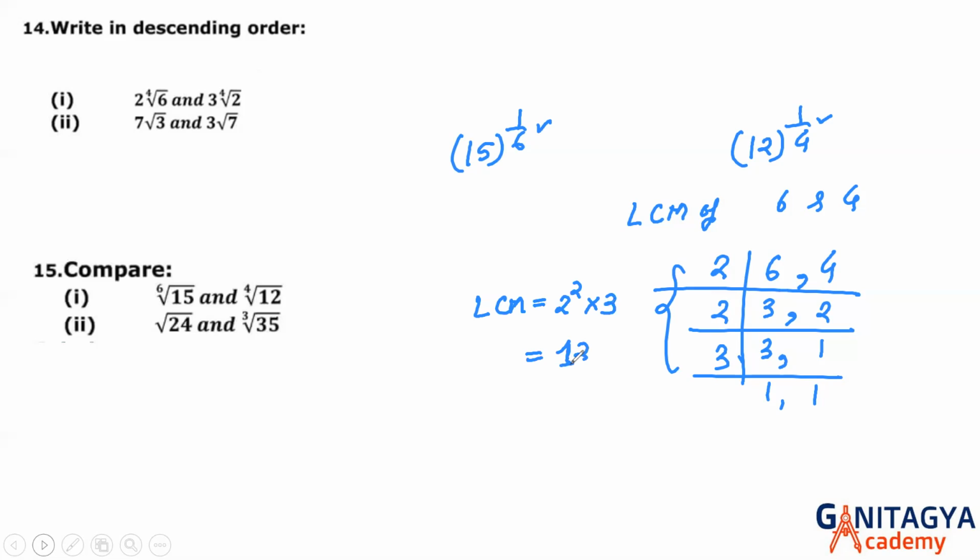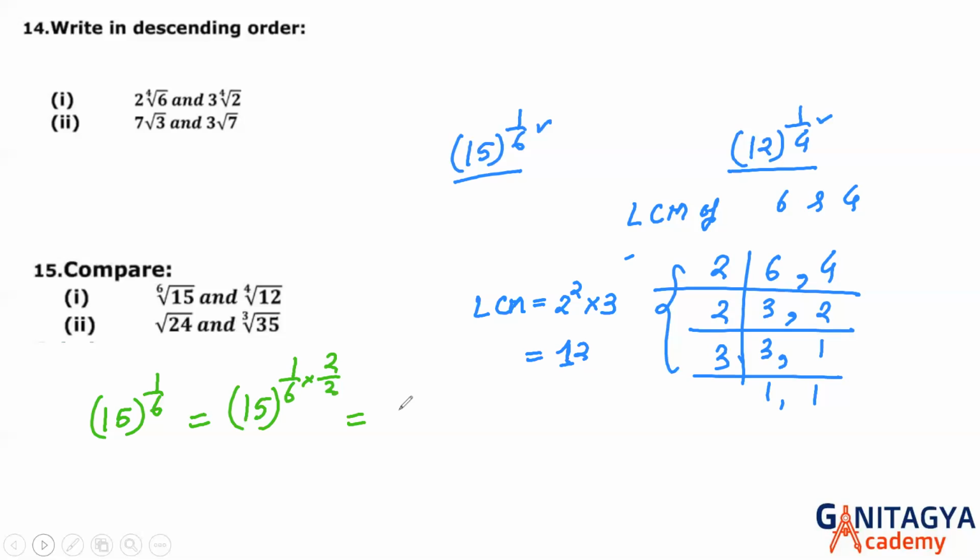So I will try to make both powers equal to 1 by 12. So how can I write it? This is 15 raised to 1 by 6. So can I write 15 raised to 1 by 6, multiplied and divided by 2, isn't it?